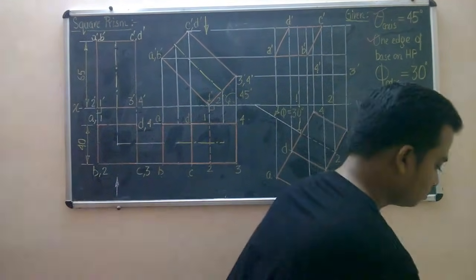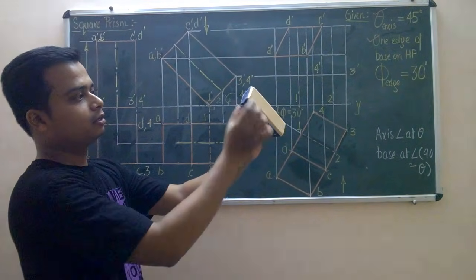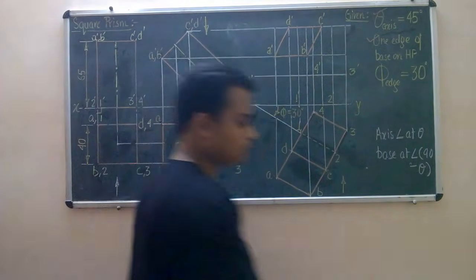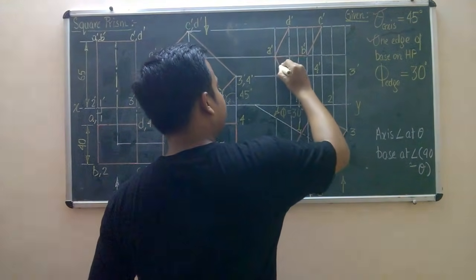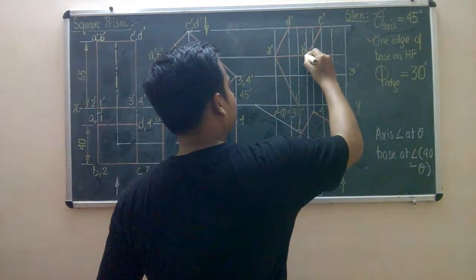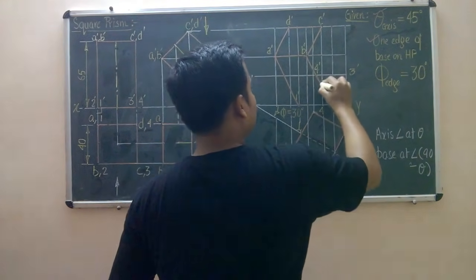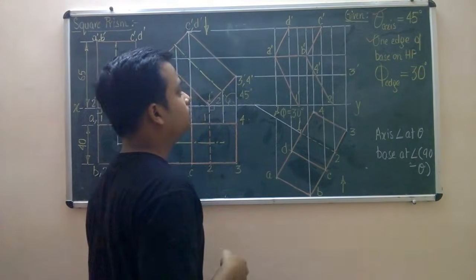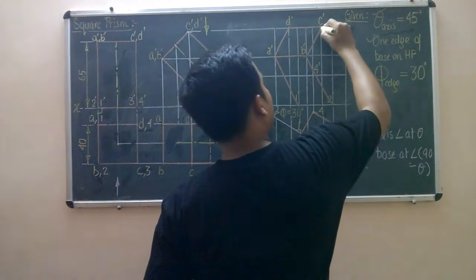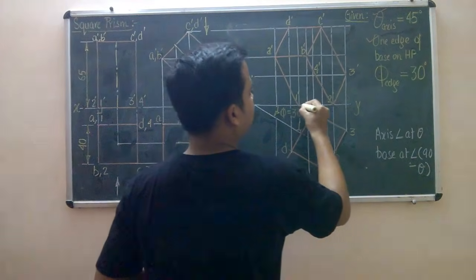Now, step 1, step 2, step 3, this portion was visible, this portion is visible, so we're gonna ensure that the edges are shown by dark solid lines. So A joins with 1, B joins hands with 2, and C with 3, that's it. We're almost done.